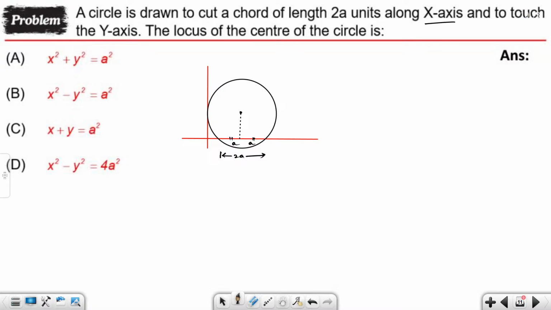Now, let me join this point with the center. So what will be its radius? Let us say the radius be R. So if the radius is R, what will be this length? This is also the radius of the circle. So this is also your R. Yes or no?